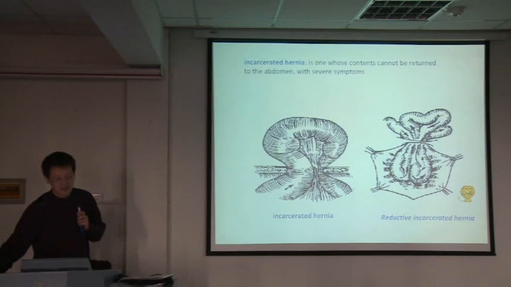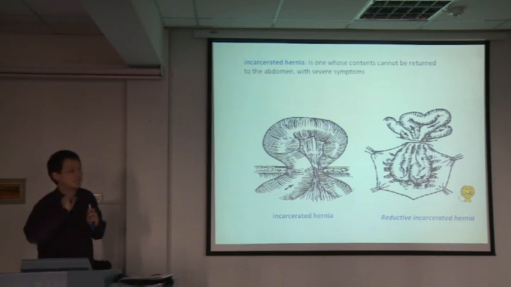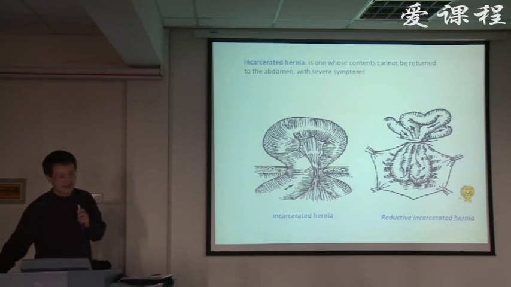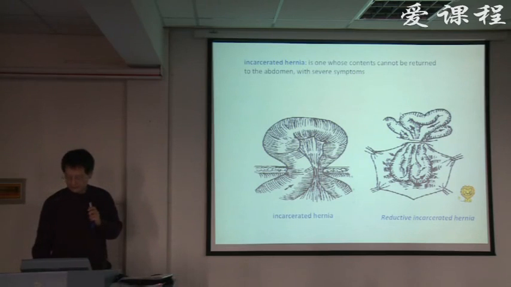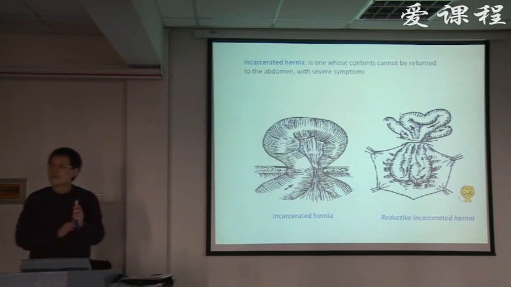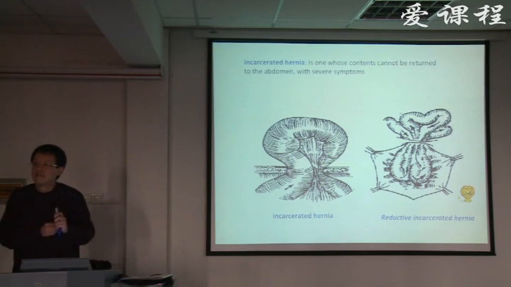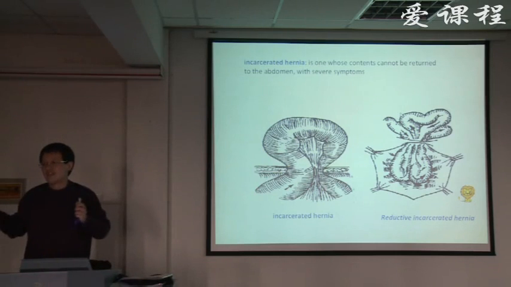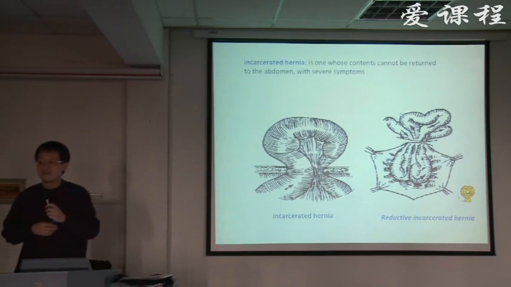So in any operation, you must take more out and then put them back. Otherwise, you must worry about whether there's any necrotic part there. So we have to cut off the necrotic part. Otherwise, the necrotic part will rupture and cause peritonitis.